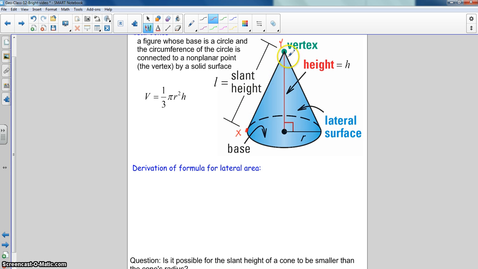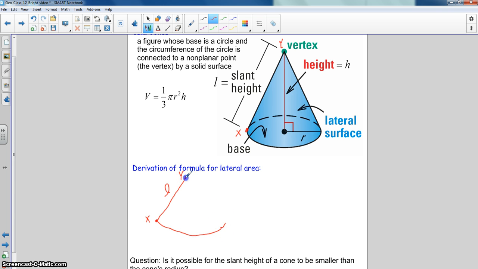So here's x, here is y. That distance that I cut is the slant height, so that's L. And I unwrap the whole thing, and I would make a complete circle, but it would appear to me as an arc.